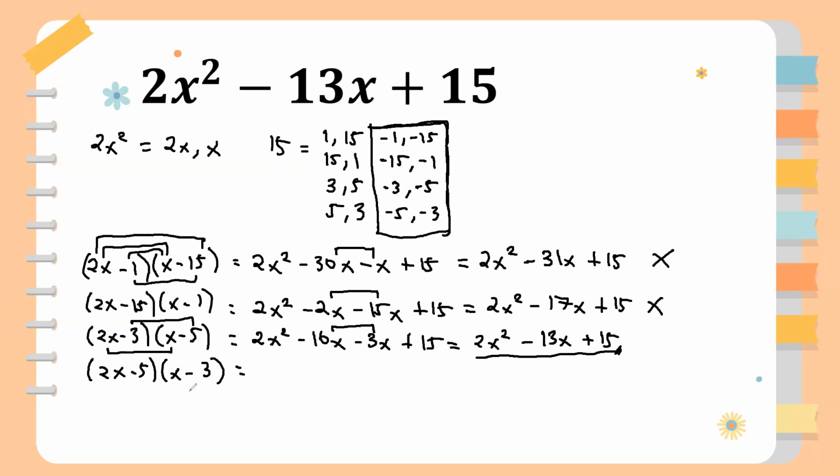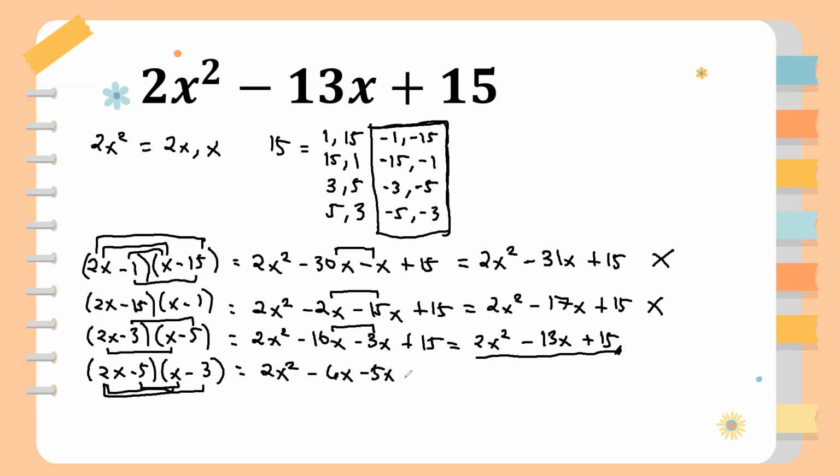Pero try muna natin ito pang apat. So we have 2x times x that is equal to 2x squared, 2x times negative 3 for the outer term that is equal to negative 6x. And then inner, negative 5 times x, that is equal to negative 5x.